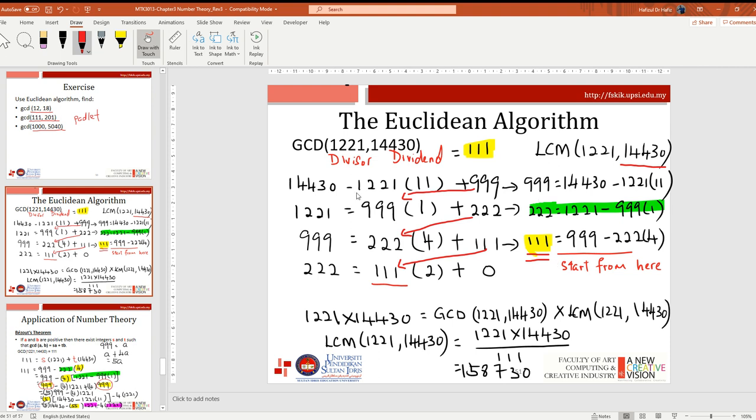This one is for the GCD, this one is for the LCM. Okay, 144 minus 1,221, 11. Then 1 minus 222 multiplied by 4, and then we divide by 111.